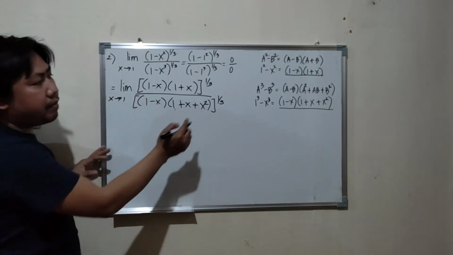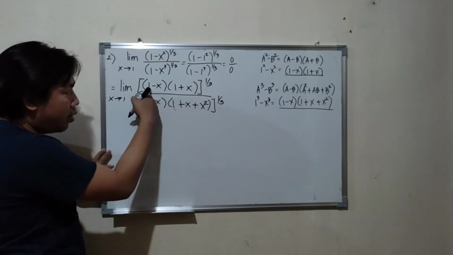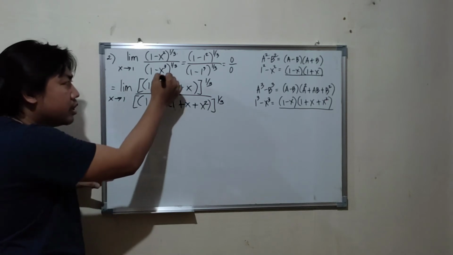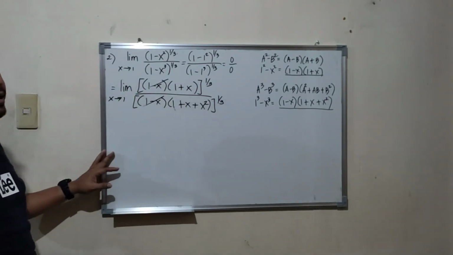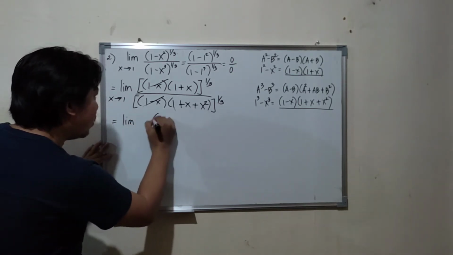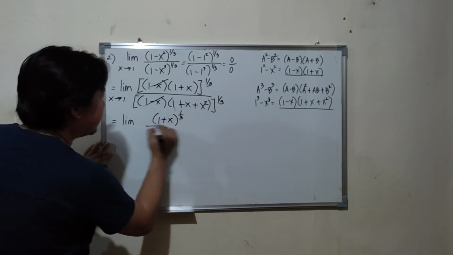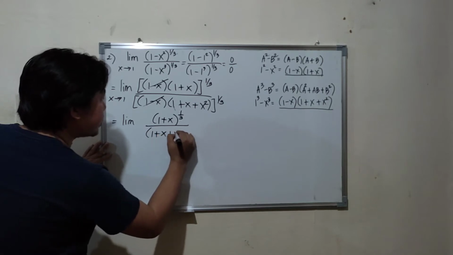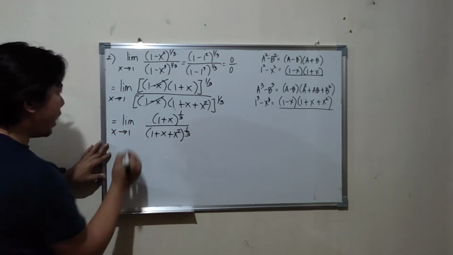Since we have the same exponent of 1/3, and we have 1 minus x in the numerator and 1 minus x in the denominator, we can simply cancel 1 minus x and 1 minus x. Therefore, we now have the limit of (1 plus x) raised to 1/3 over (1 plus x plus x squared) raised to 1/3 as x approaches 1.